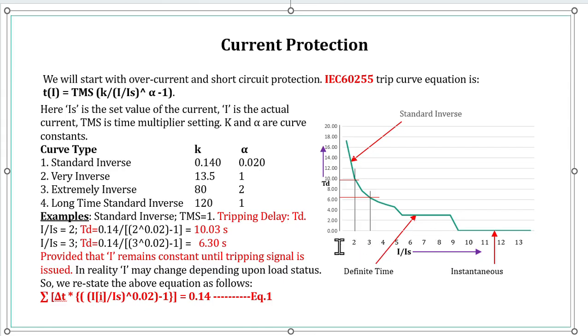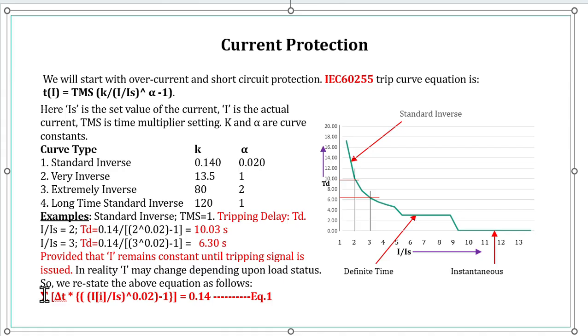If it moves in and out like this, then how are you going to realize this equation? You cannot. You started this, say, at 2 seconds, as 2 times. So I upon IS is 2, and you calculate the time required as 10.03. But let us say after a few seconds, say 5 seconds, it changes to I upon IS equal to 3. Then all your calculation will go haywire. Therefore, this is rewritten in a different way.